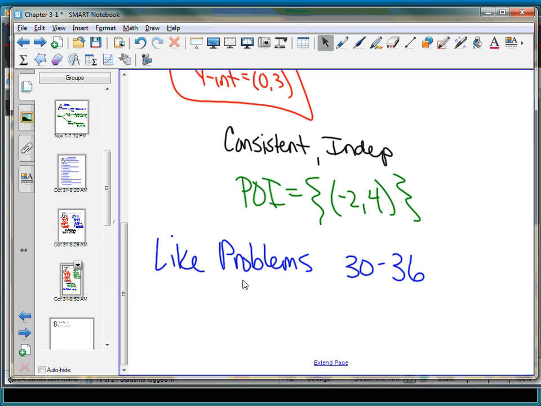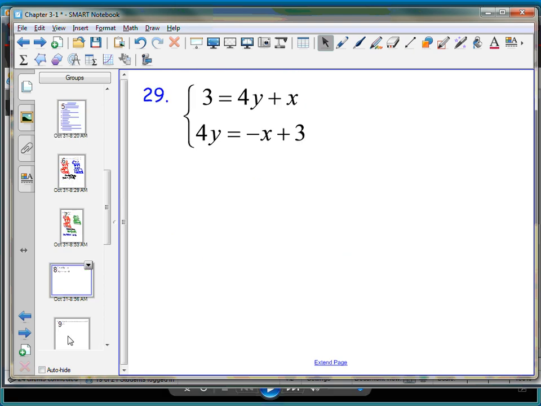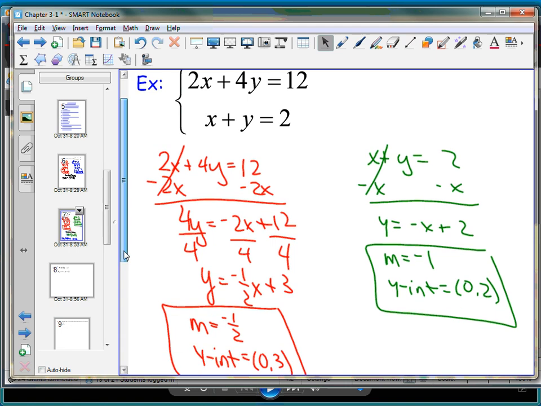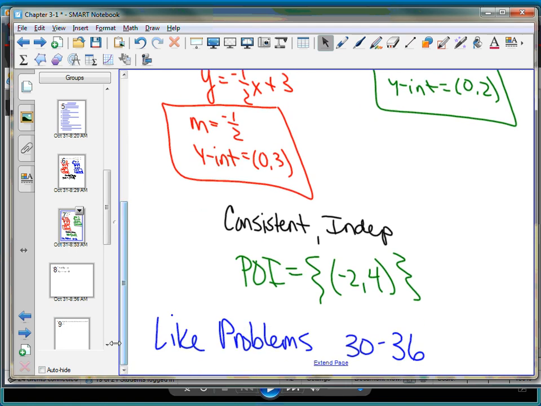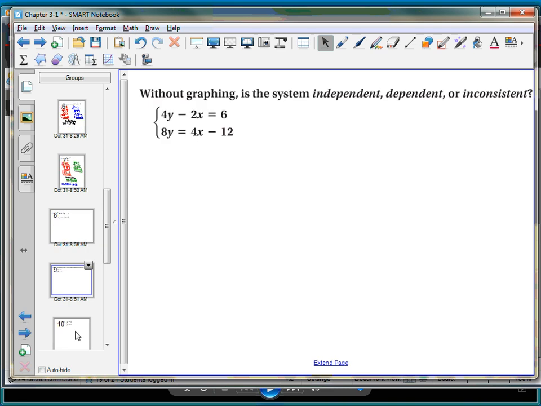Yes? Okay? Point of intersection, POI. It's different. Okay, we're going to skip problem 29 and go on to the next slide, just time-wise for you.